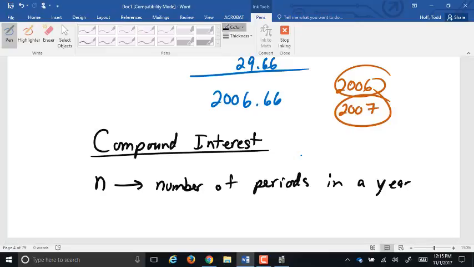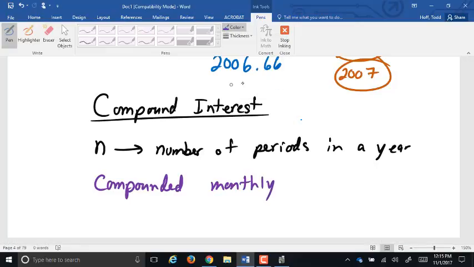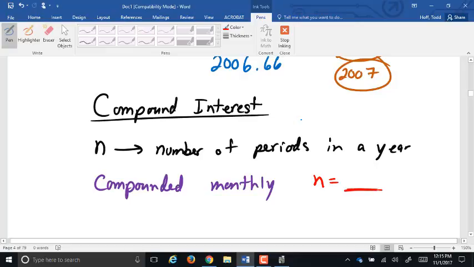So if I have a bank account that's compounded monthly, that's telling me that N equals what? If it's compounded monthly, how many periods are there in a year? 12.